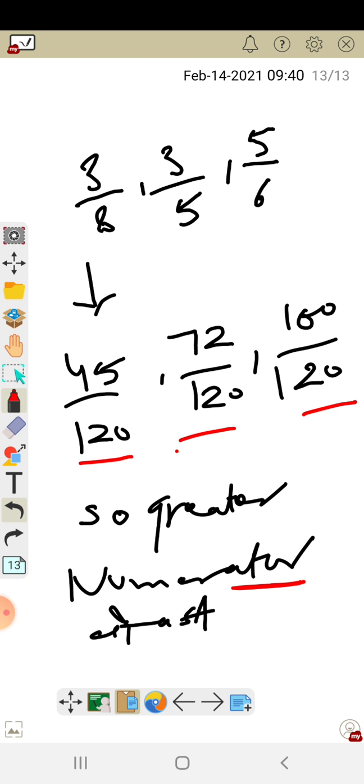The denominator is the same, and the greater numerator is 100, so that fraction is greater. 5 by 6 is the greatest, 3 by 5 is also greater than 3 by 8, and 3 by 8 is the smallest fraction among the three.